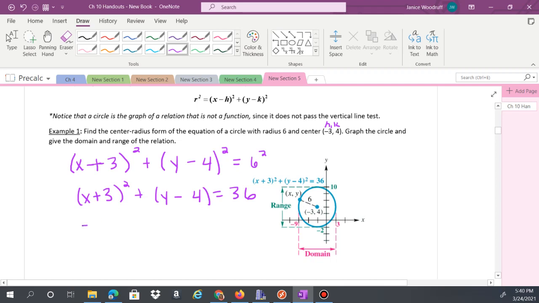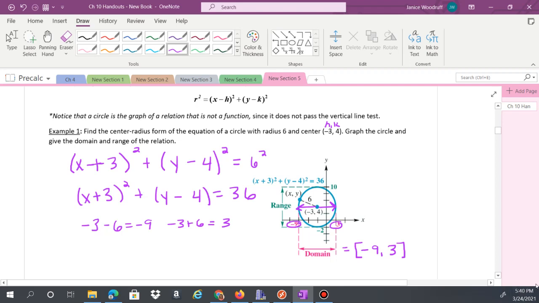So -3 minus 6, negative, gives you that -9, this value right here. And then -3 plus 6 gives you that +3 right here. So that's -6 this way, plus 6 this way to give you that domain. So that would be bracket -9, 3, bracket.